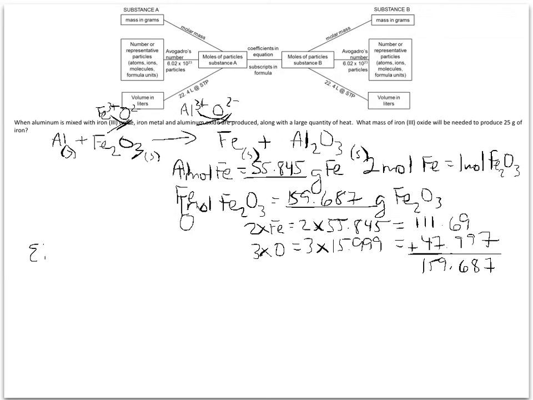So in our equation we have what we're given first, which is grams of iron.